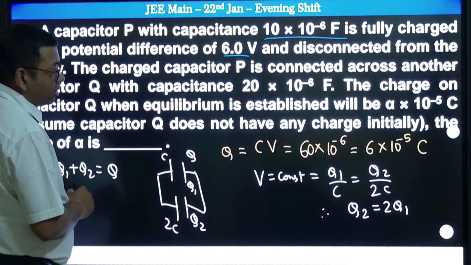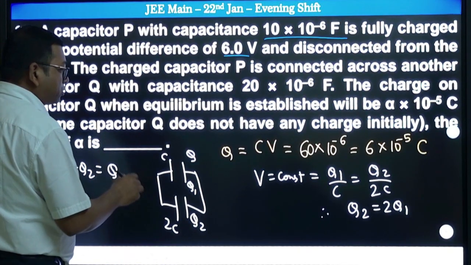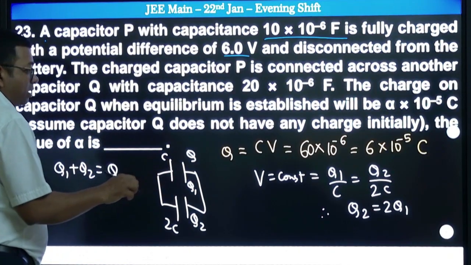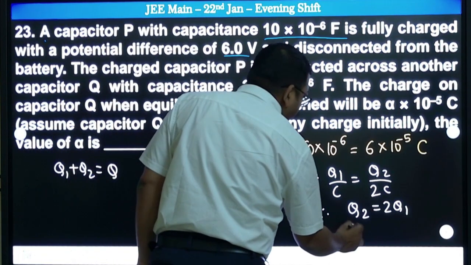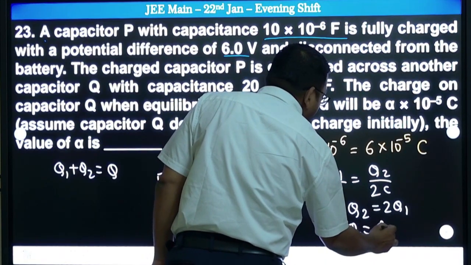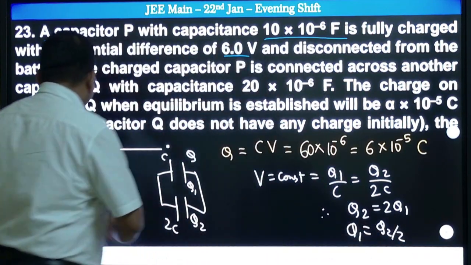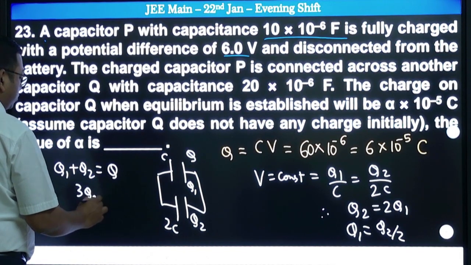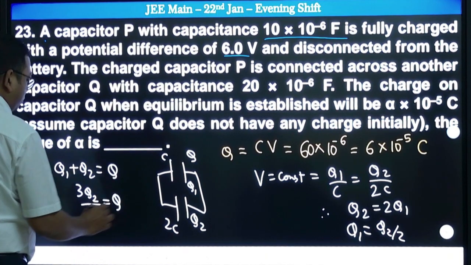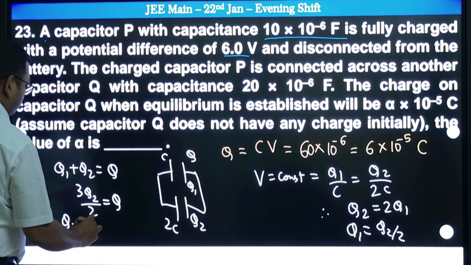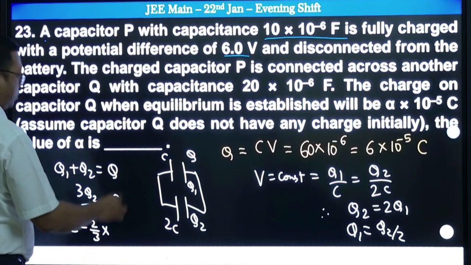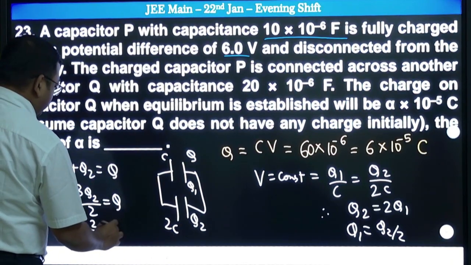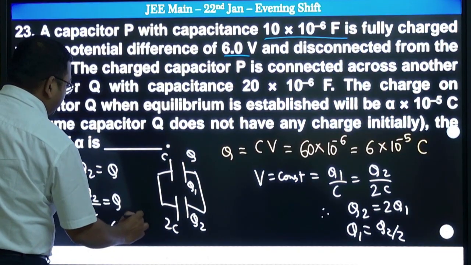We need to calculate Q2. So let us replace Q1 with Q2 by 2. So this is 3Q2 by 2. So Q2 will become 2 by 3 of Q. Q is 6 into 10 to the power minus 5.